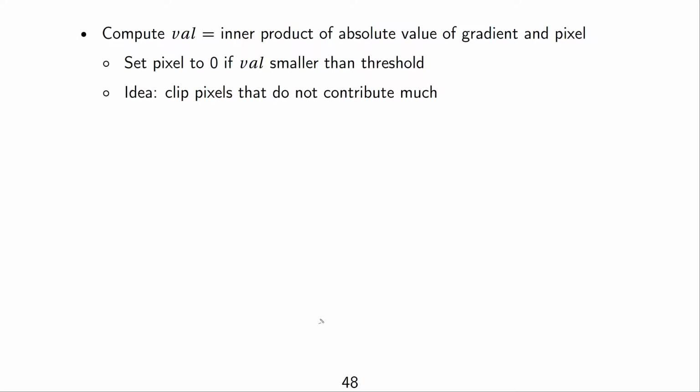Finally, there was this last idea to compute the inner product of the absolute value of the gradient and the pixel, and then set the pixel to 0 if this value is smaller than the threshold. It's a bit tricky what this does exactly, but again the idea is to clip pixels that do not contribute much to the result.